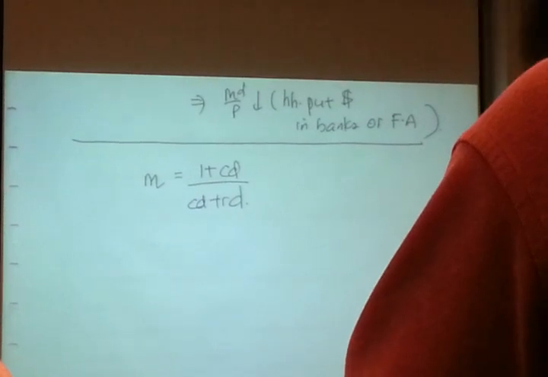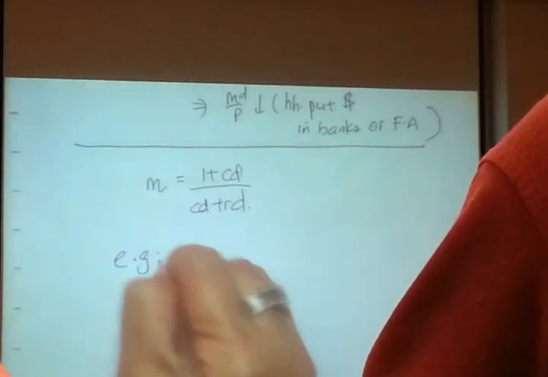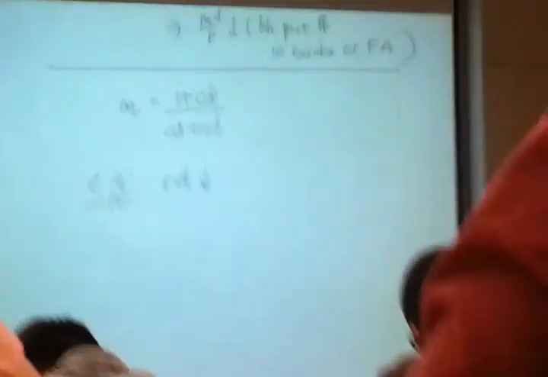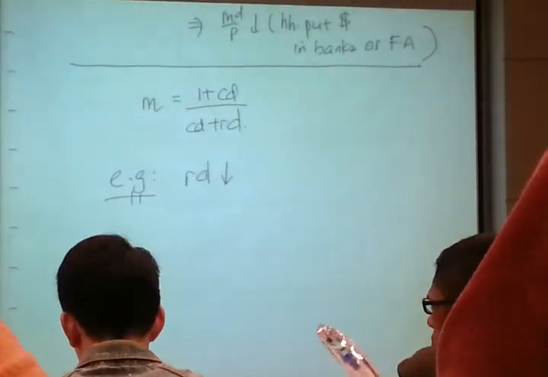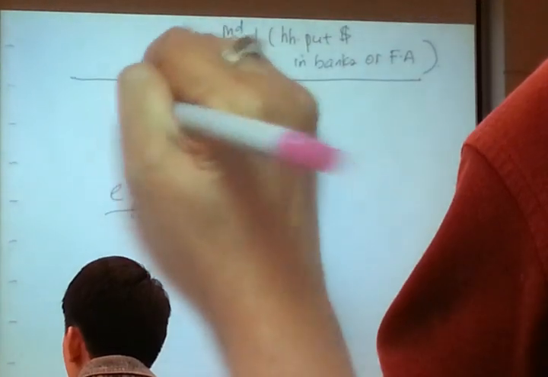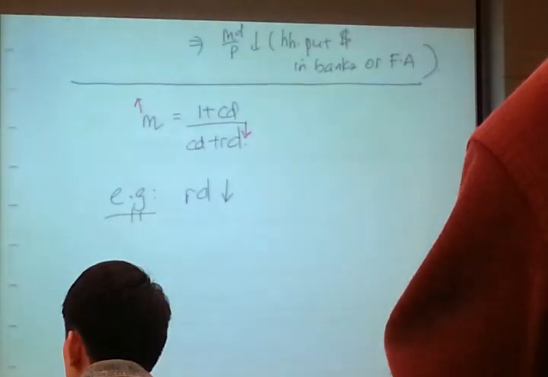The famous example examiners like to test is RD. And usually they like to say RD drops. So again, showing you the classic mistake students make. Students again quote the equation and say RD drops and money supply increases. They got nothing else to say already.